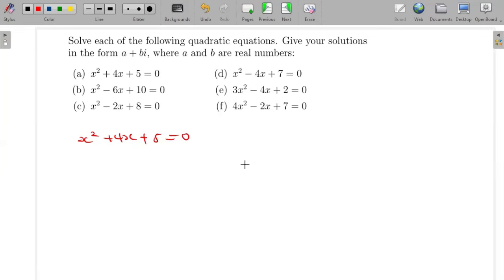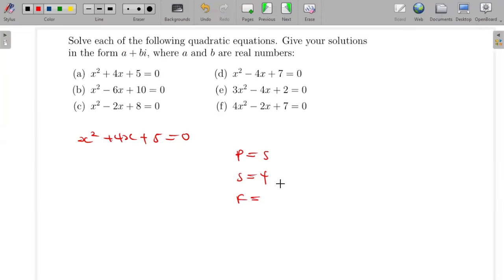So how do we solve this? Let's try to factor. Our product is 5, our sum is 4. So we want, when we add, we should get 4, and when we multiply, we should get 5.